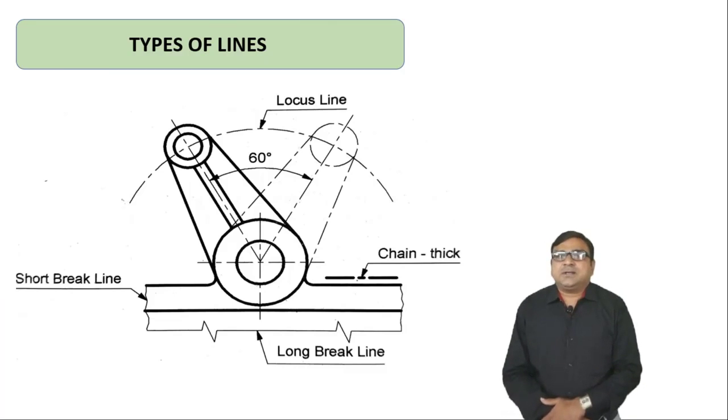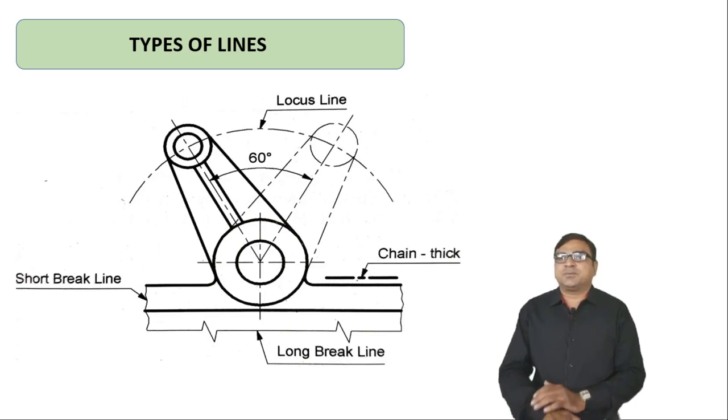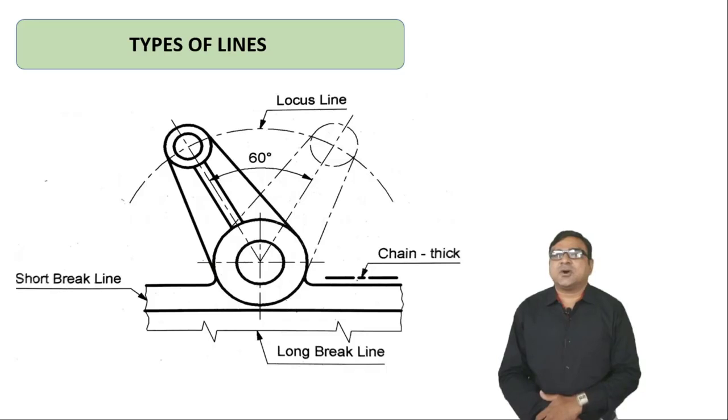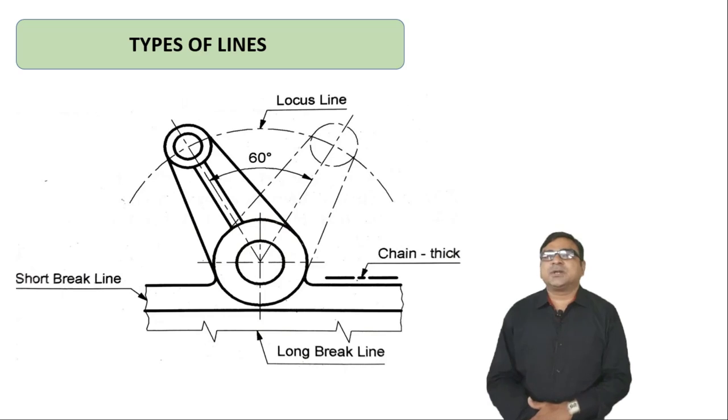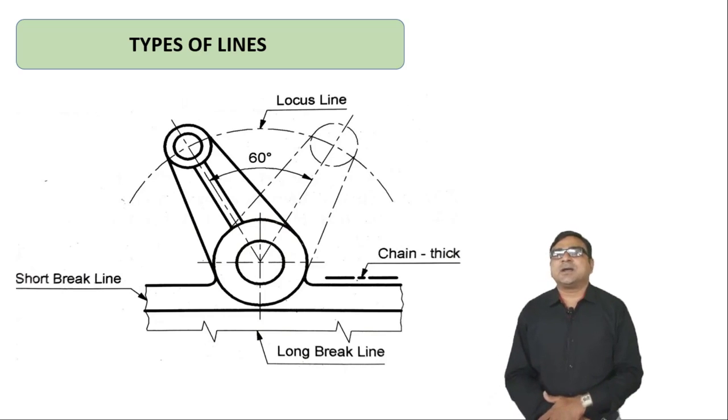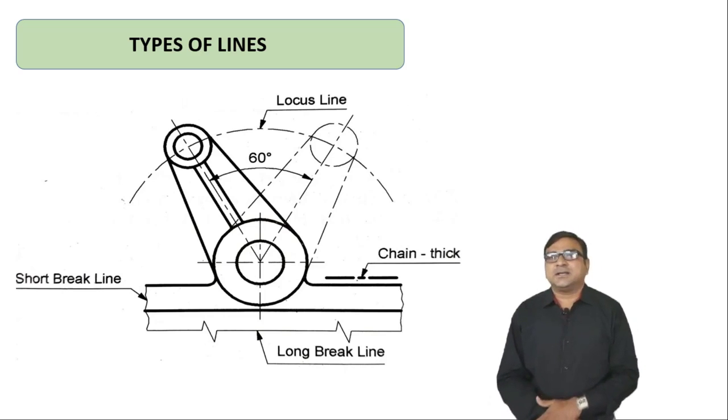Now when any object is moving, like a handle, the center of the concentric circles moves in a particular arc of constant radius. The path of that particular center is represented by a locus line. It is always a chain line.